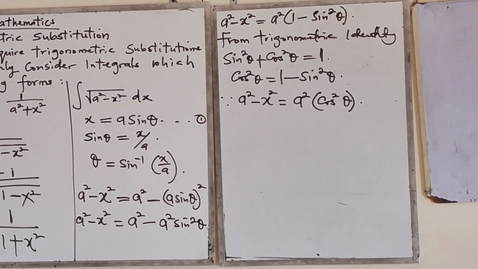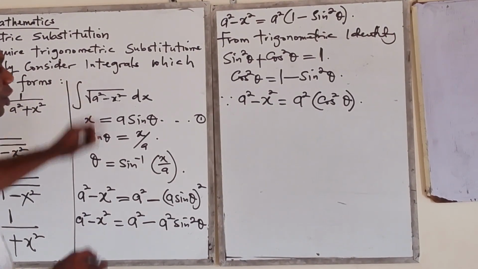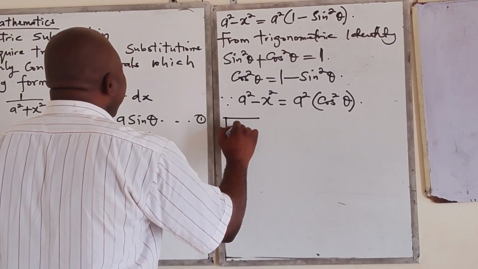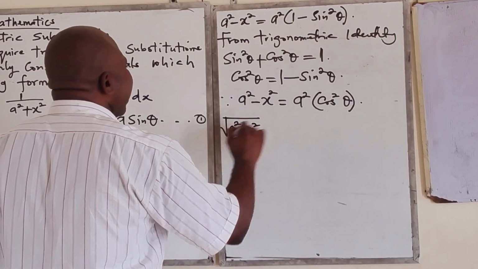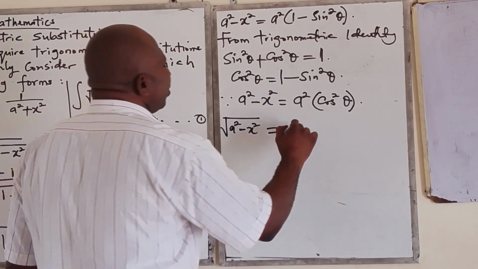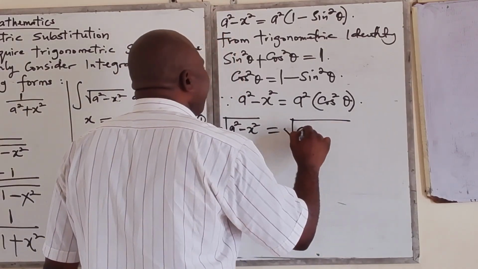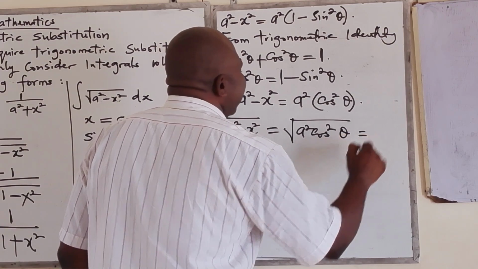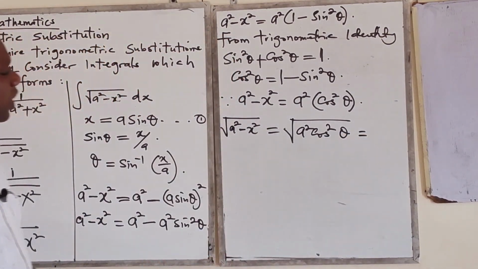Now, coming to look at the square root of the value. The square root of a squared minus x squared will be equal to the square root of a squared cos squared theta.